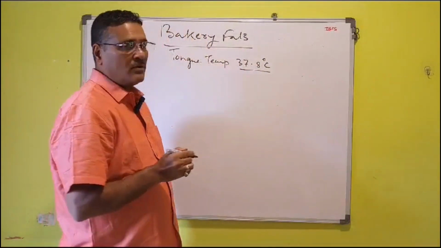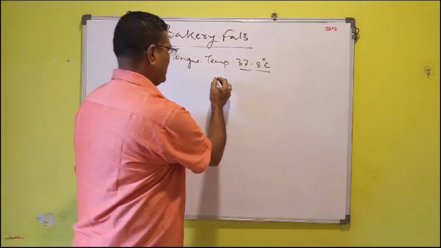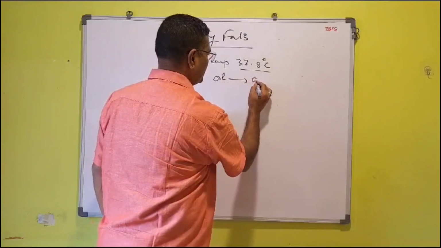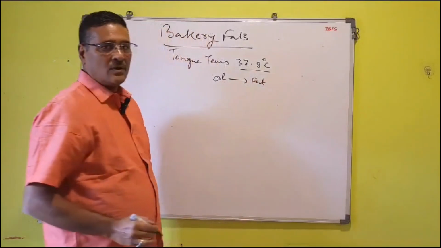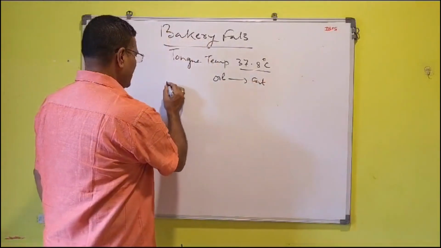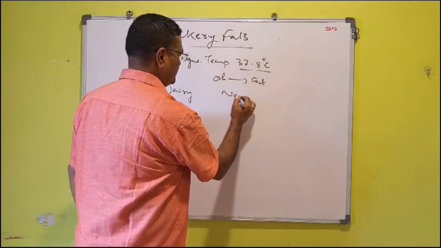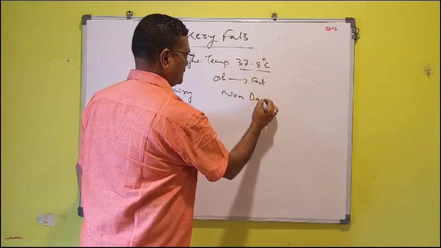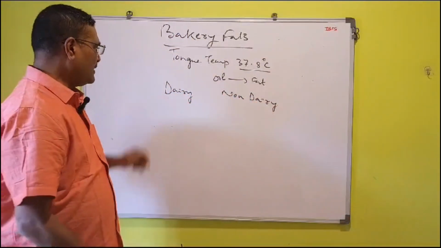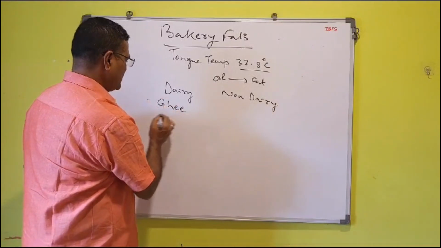Now when we speak about fats, the basic thing is oil. From oil, the fat comes. So in bakery, you have the word dairy and then you have non-dairy. In the dairy, you have ghee, which is used in many formulations.